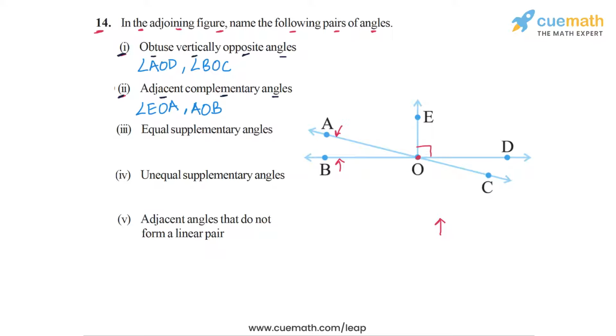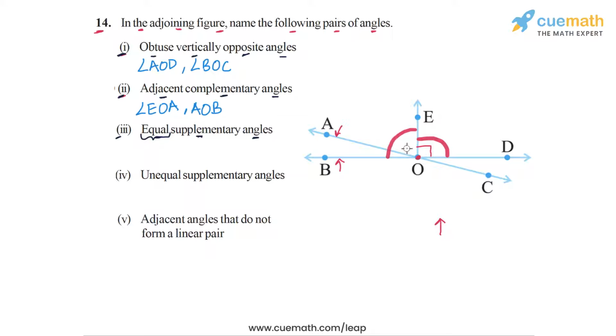Then we come to part 3. In part 3, we have to find equal supplementary angles. What do we mean by supplementary? Two angles are supplementary if their sum is equal to 180 degrees. And if two supplementary angles are equal, then both angles must be equal to 90 degrees. This means that two equal supplementary angles in this figure must be this angle, which is angle EOB, and this angle, which is angle EOD.